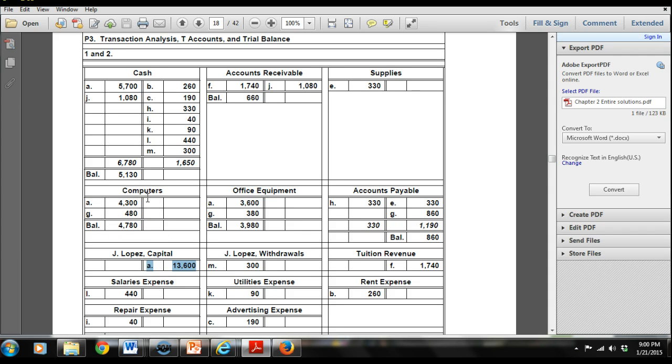What are we going to credit? Accounts payable is a credit, G of $860. Do our debits equal our credits? Yes. See, we got G here. I got that one on the computer. Okay, and then office equipment is $380. And then accounts payable is a credit of $860. Okay?